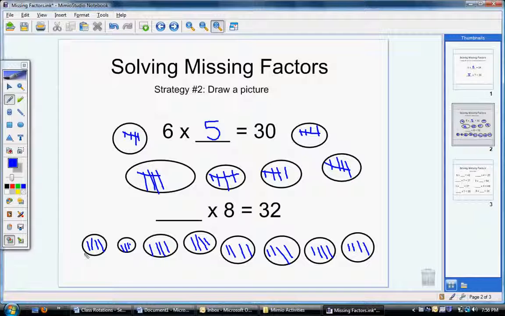I can see that each circle clearly has 4 tallies in it, so 8 times 4 is going to equal 32. So if you remember, there's 2 different strategies.